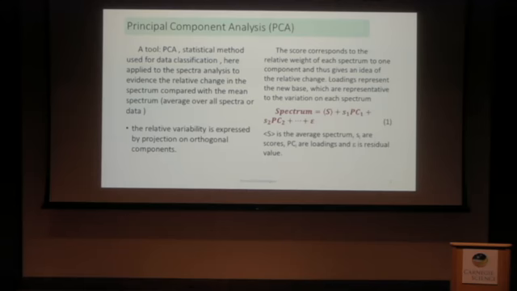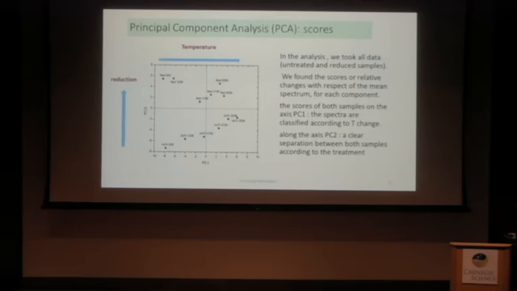Here, S1 or S2 are the contribution of the spectrum to each principal component. The S_i are called the score or weight of the principal component. So I can show you the results with this analysis. We took all data, that means untreated and treated samples, and what we observe, you can look at this 2D picture.